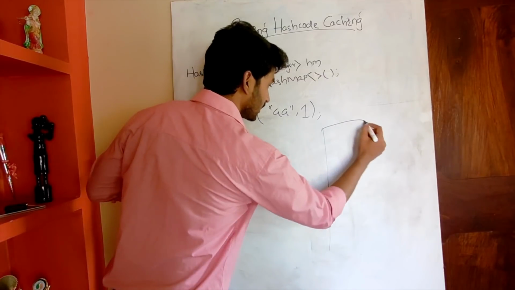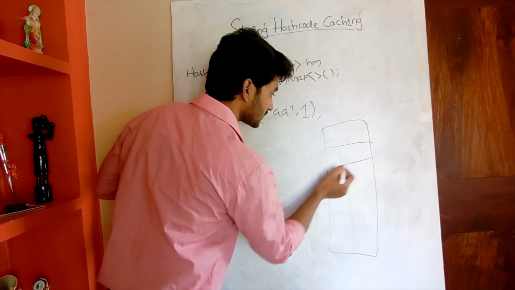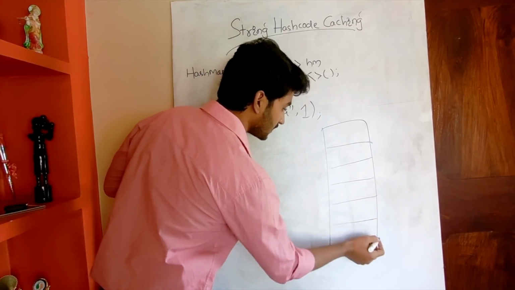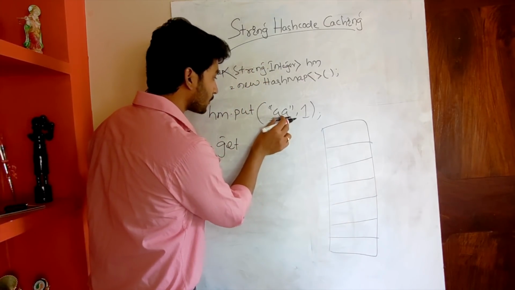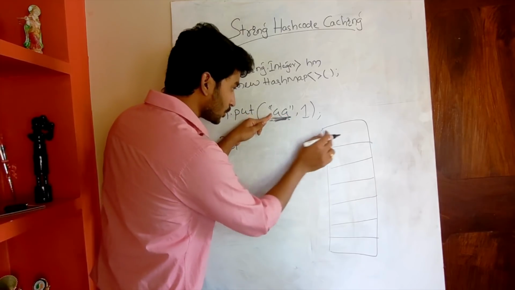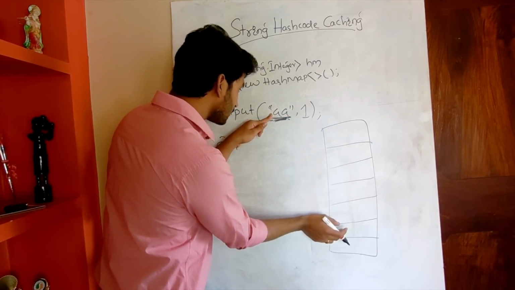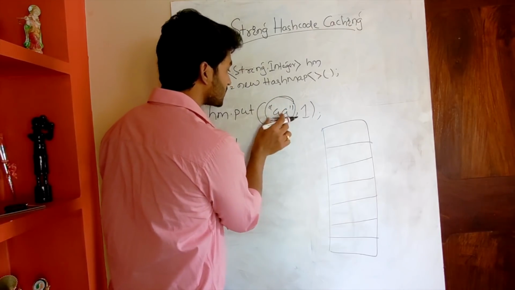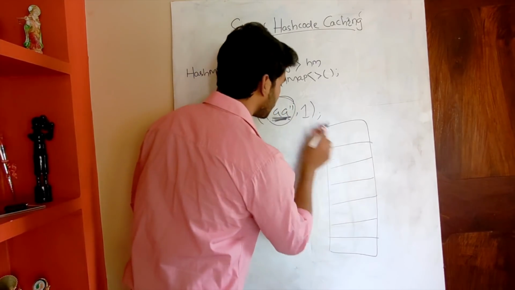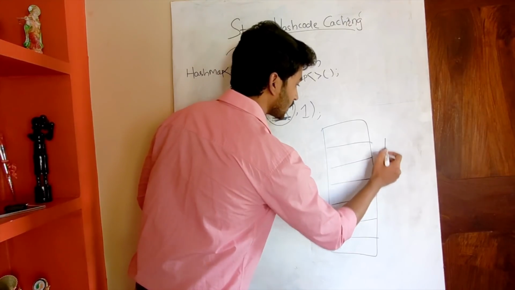Internally, the map creates an array of buckets to store elements. Whenever we perform a put operation, to find out in which bucket this key is going to be stored, it internally calculates the hash code of this particular key, and then places this key value pair in a certain bucket.